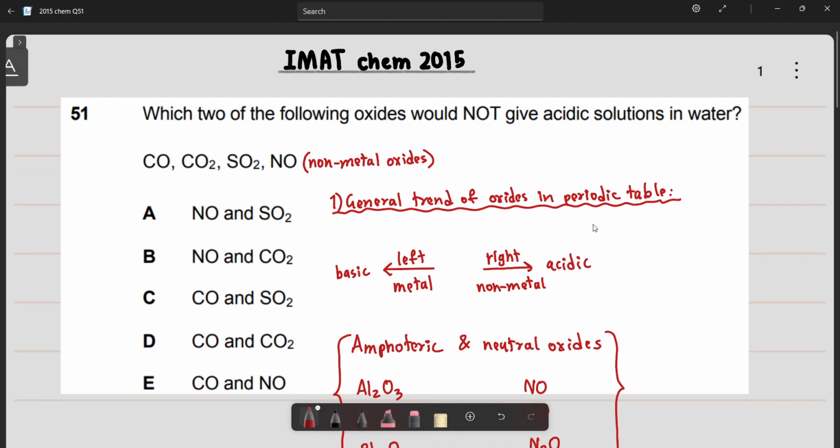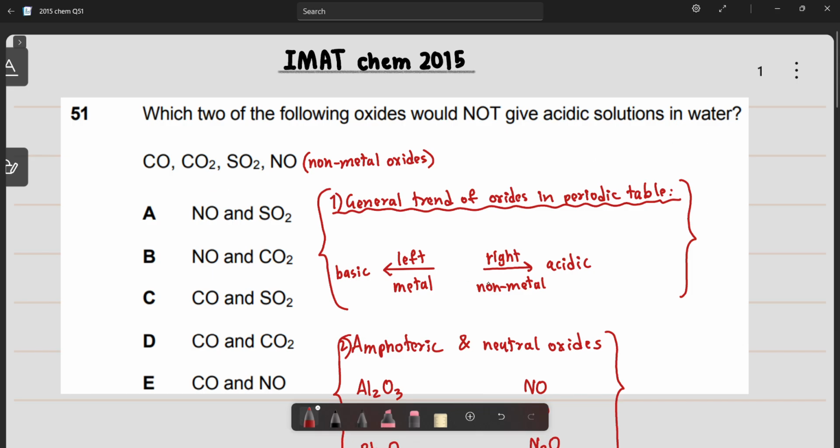Now we know these important key points that we must recall to solve this question, so we can go through each of the given oxides to determine which does not give acidic solution.